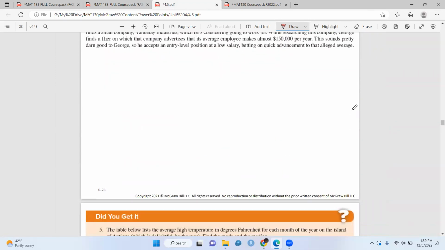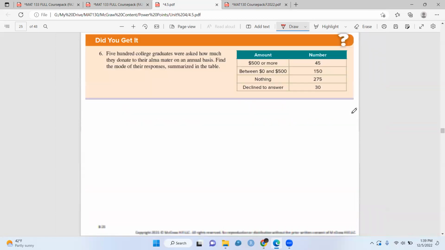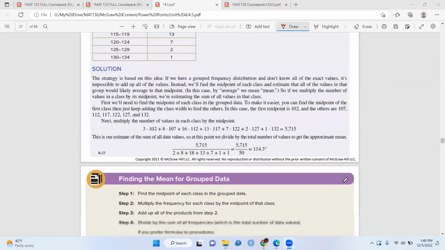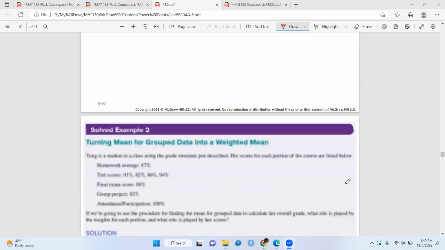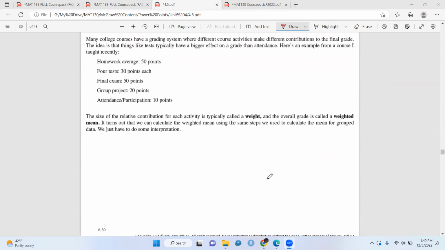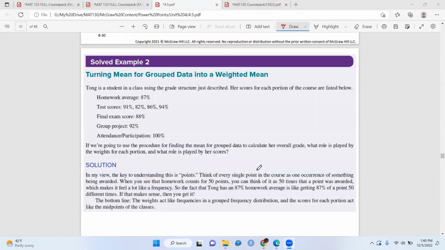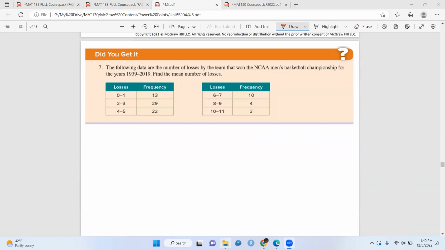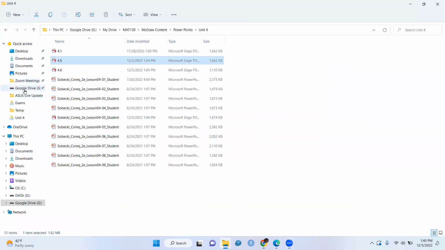All right, we got one more topic to look at, and that's the calculation of what's called a weighted average. Oh, I didn't let you ask questions. So I'm going to jump down to this. We're going to do what's called a weighted mean, but instead of using the problem here in the book, I'm going to use our own data.